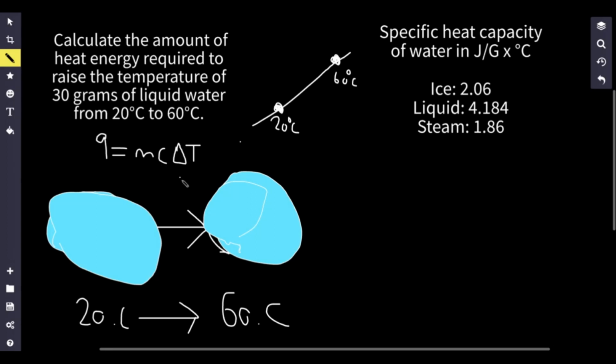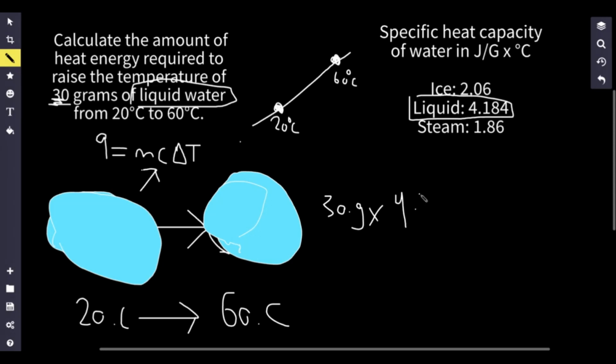So our change in temperature, well, let's first define our variables. Our mass, we know that's 30 grams. Our specific heat, which is our c: because this is liquid water, look at our chart right here, the specific heat capacity of water, and we see that liquid water has a heat capacity of 4.184 joules divided by grams times Celsius.